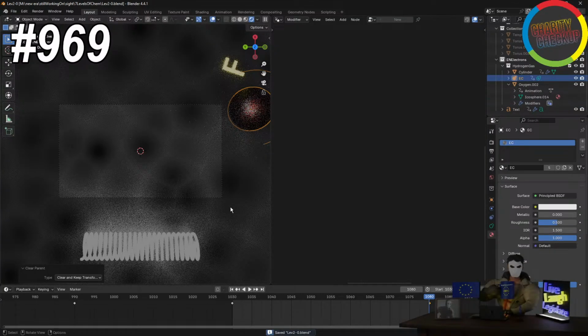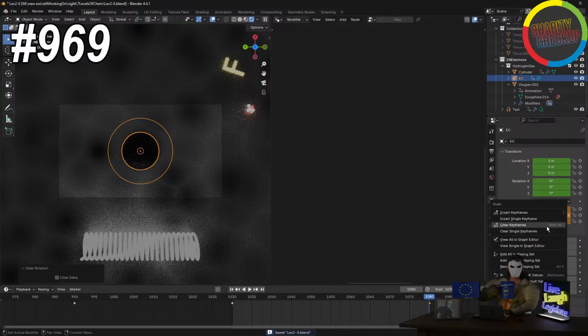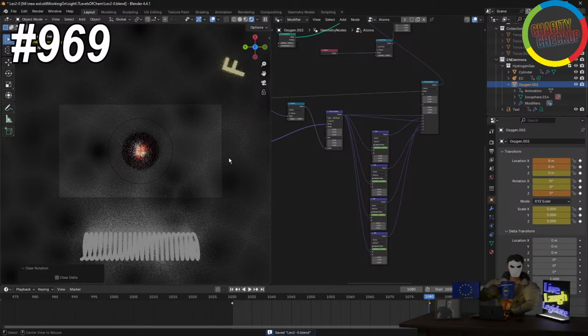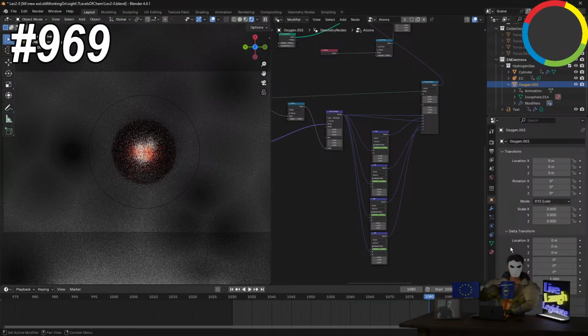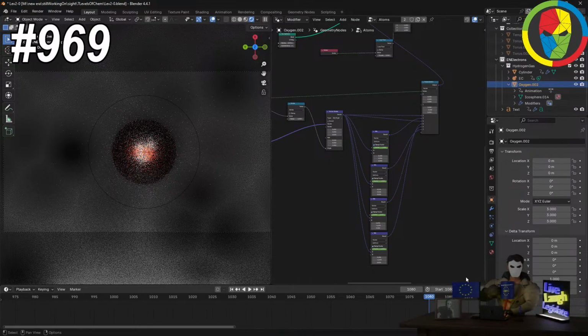Alt P, keep transformation. Alt G, Alt S, Alt R. Just Alt on everything, and then this right here will also be like so, with clear keyframes. And then 100 and... Actually 100 could be... No, let's do 110.